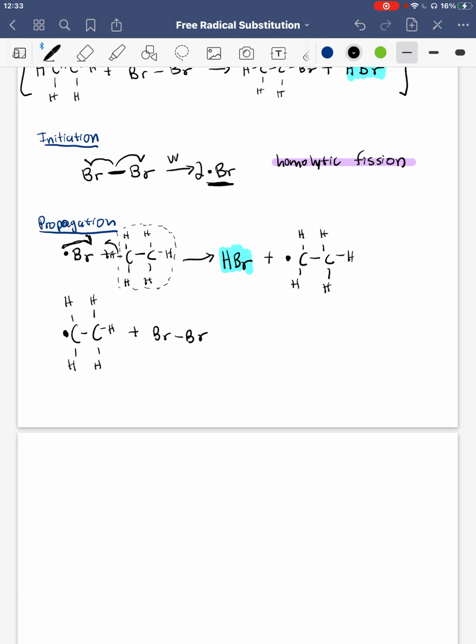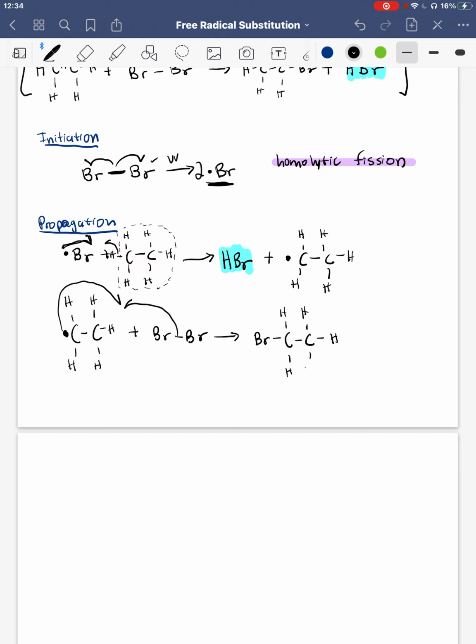So some of the bromine was involved here in initiation, but I still have some reactant left over. Not all of my bromine molecules were hit by UV light in exactly the right way to do initiation. So I still have some bromine here. And again, homolytic fission. I'm going to cleave the bromine and attach it to my ethyl radical.